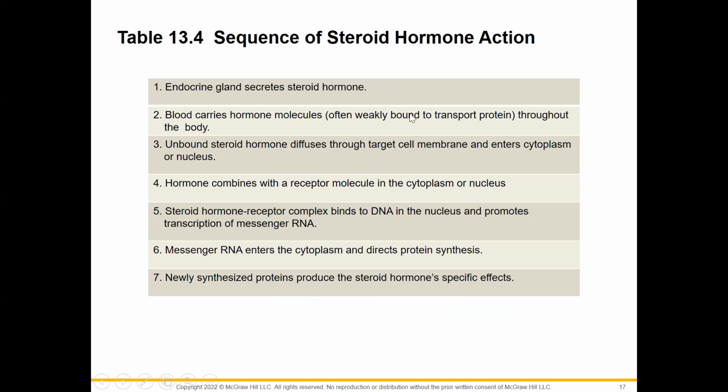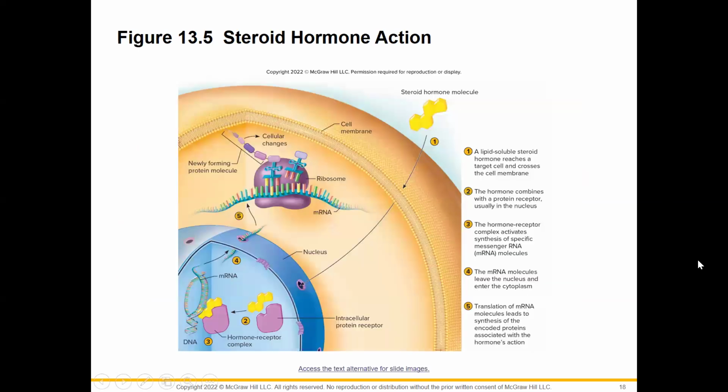So again, visual learners, if you need a condensed version of what we just talked about, check this out. And this is your visual of a steroid hormone. So steroid hormone, because it's lipid-based, and the cell membrane is lipid-based, the steroid hormone can just move on through the membrane and then float throughout the cell.